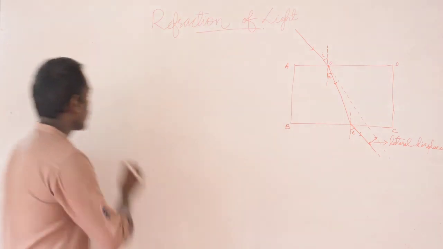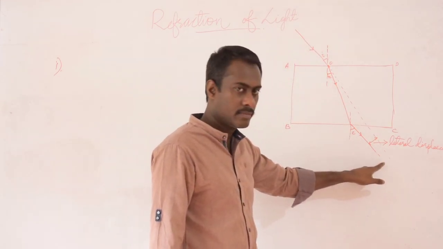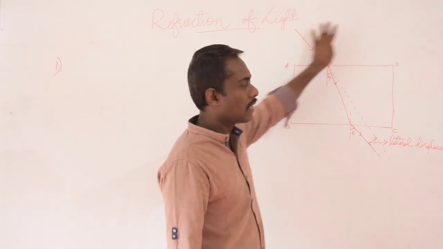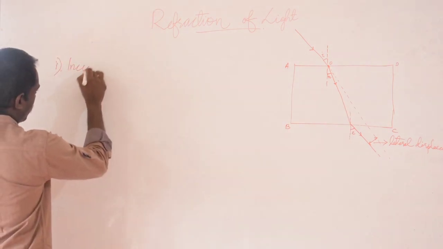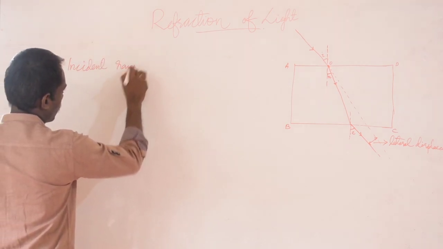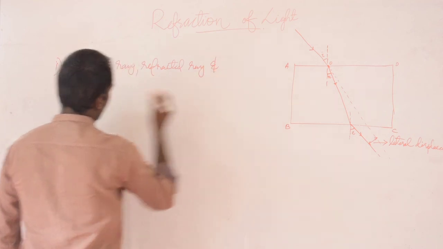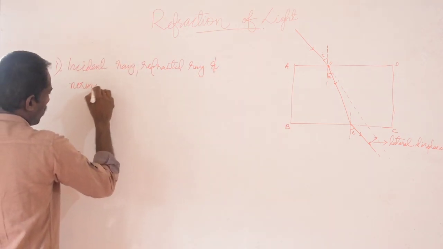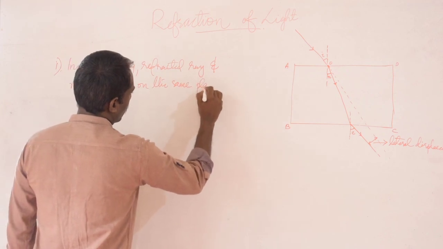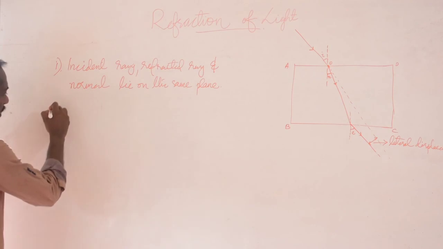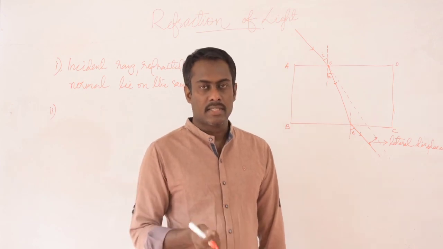As we already know, the incident ray, refracted ray, emergent ray and the normal all lie in the same plane. That is the first law of refraction.